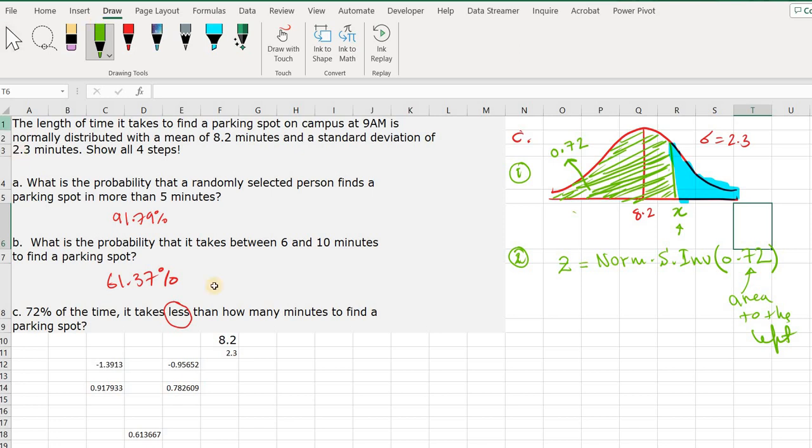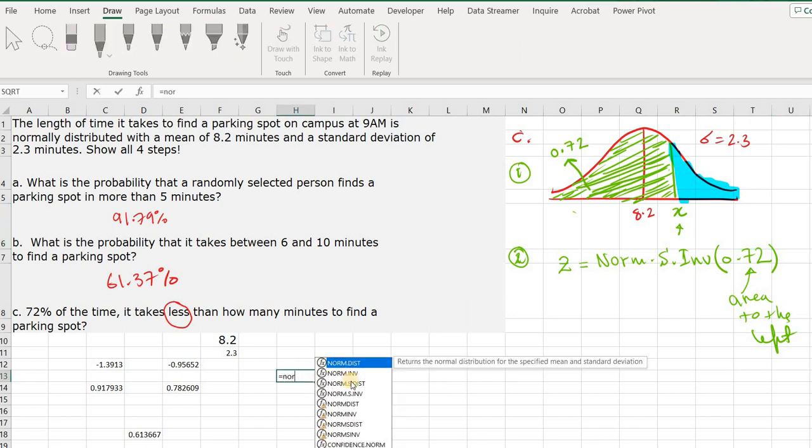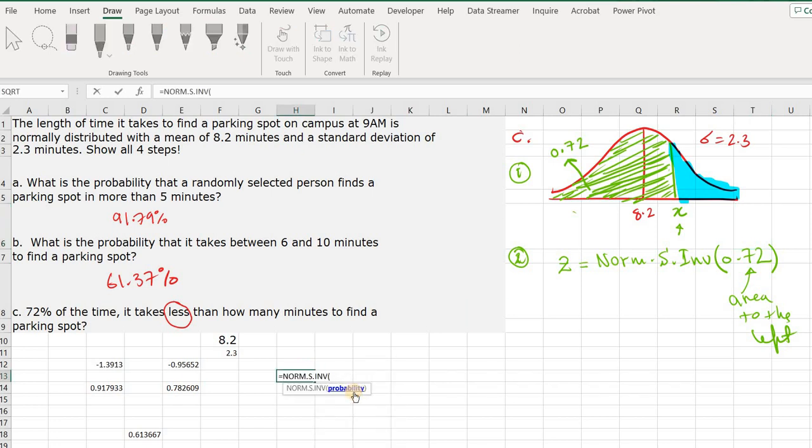So if you plug that in the formula, norm.s.inv of 0.72, I will get a z-score that is approximately, I'm going to round it to 4 decimal places, 0.5828.